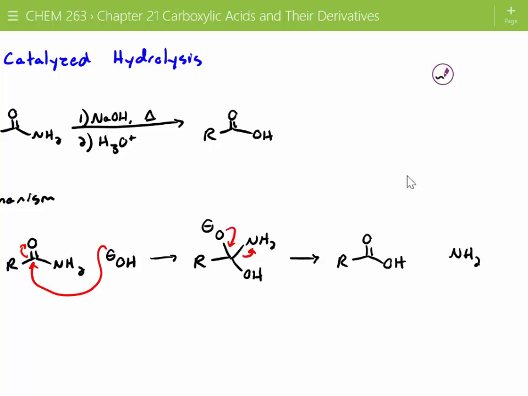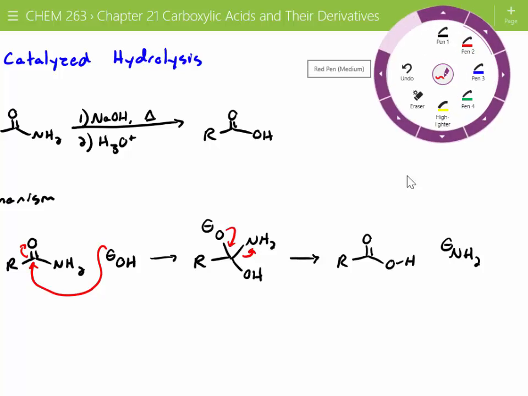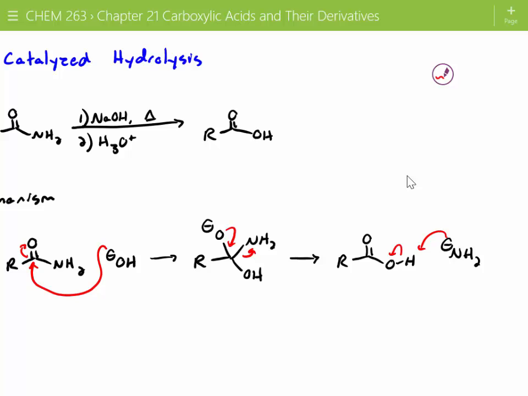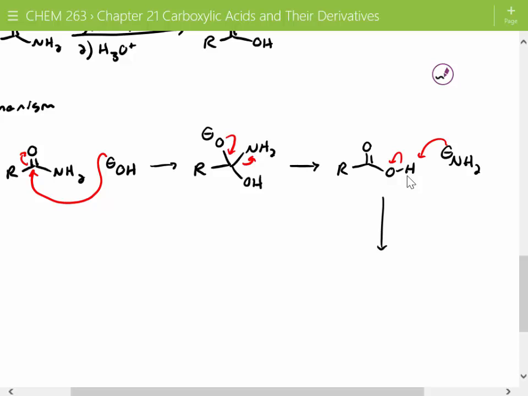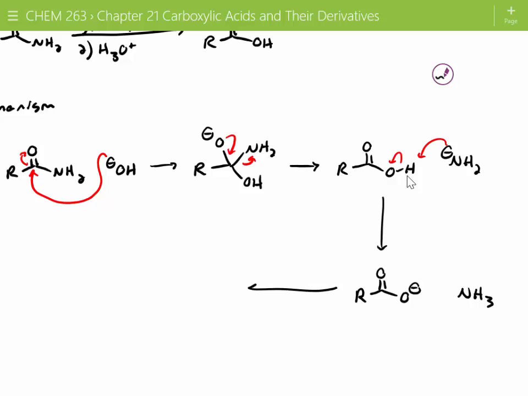Because when it gets ejected off, you've got a nitrogen with a negative charge. So this is really quite a poor leaving group, and in fact, it'll immediately come and grab a proton back from your carboxylic acid. And that's why in the next step, you have to add in your acid to reprotonate your carboxylic acid.